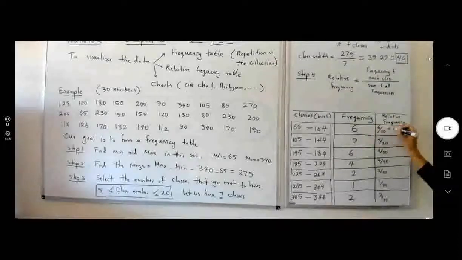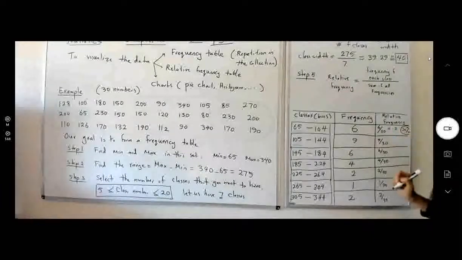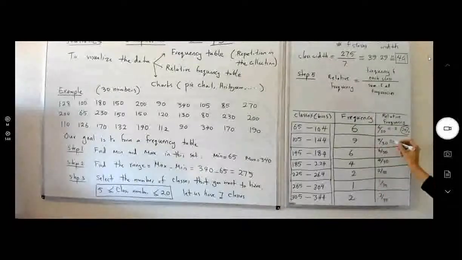So this is going to be 0.2 or 20%. 9 divided by 30 is going to be 0.3 or 30%.